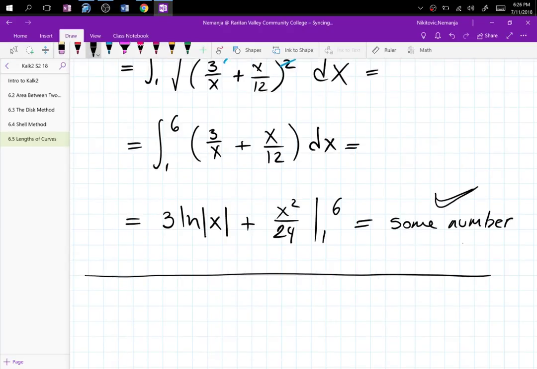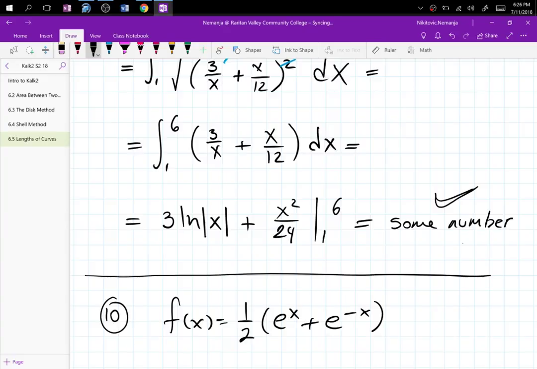But I'm just going to copy problem number 10 and give you that the function f of x is given as 1/2 times e to the x plus e to the minus x. And then I'm just going to put a smiley face over here. Eventually you will know why I put it.